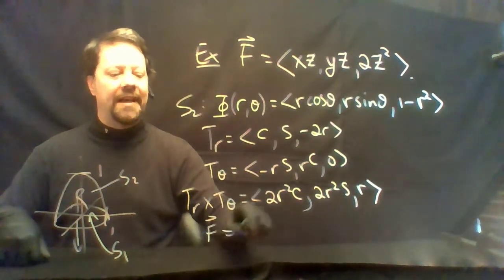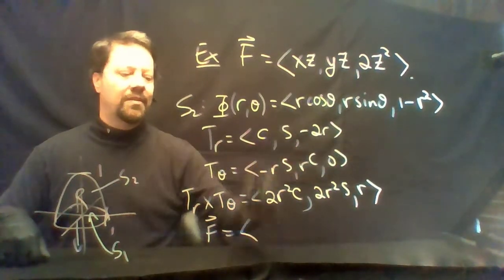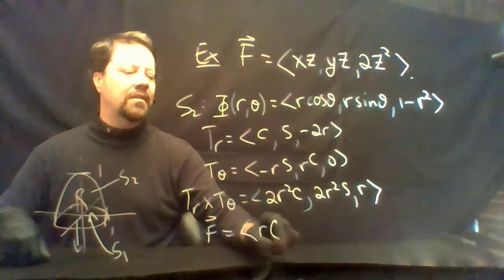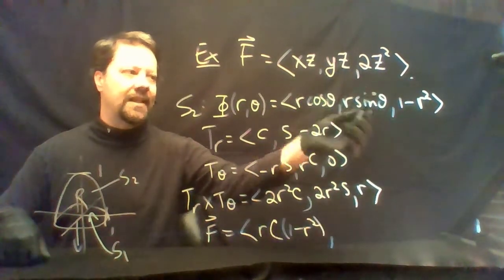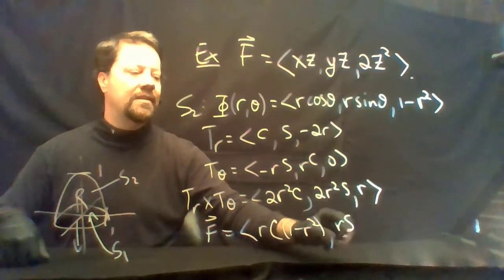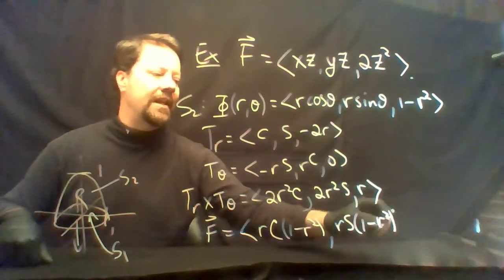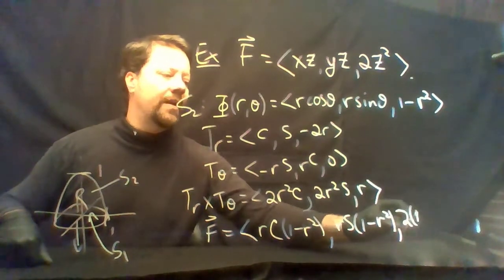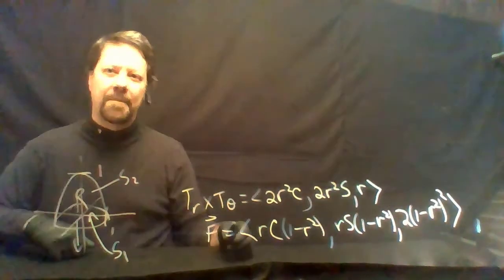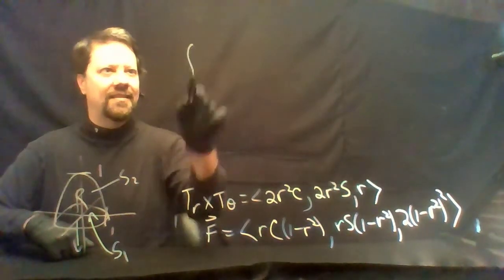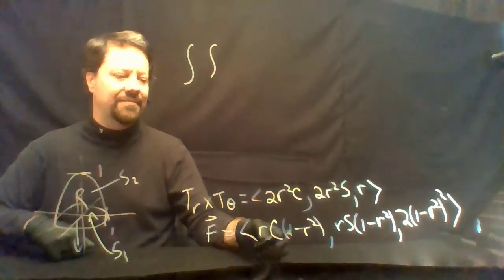The vector field F, evaluated on the surface parameterization, will be r cosine times 1 minus r squared, that's xz, and then yz is r sine times 1 minus r squared, and then 2z, that's 2 times the quantity 1 minus r squared, squared. To calculate the flux, you take the dot product of these two and then integrate.